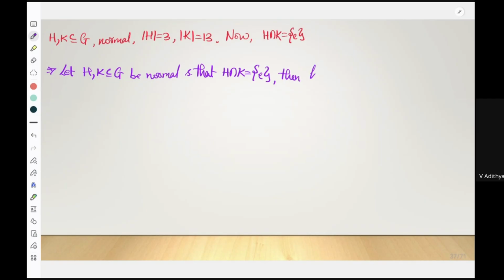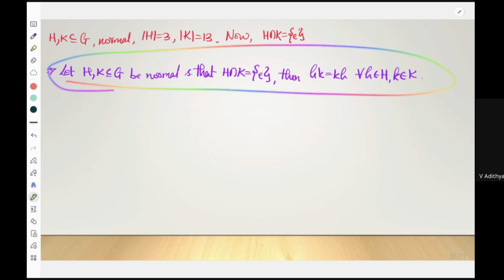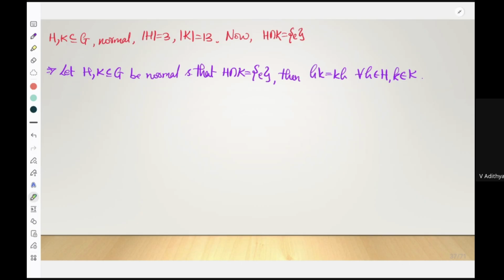Then hk equals kh for all h in H and k in K. So try to work this out. This is quite simple to work out. Or if you want, I can do it.